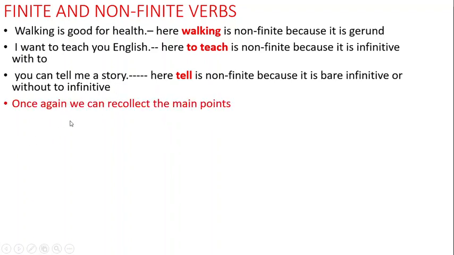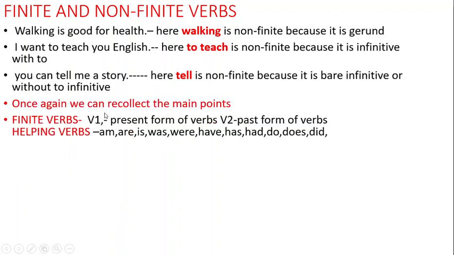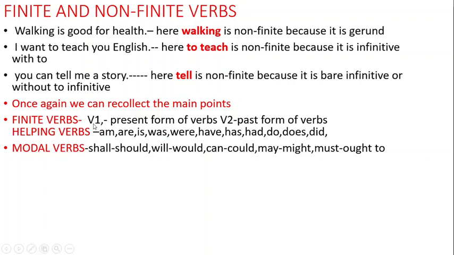Next, once again we can recollect the main points. What are the verbs that come under finite verbs? V1. As we know, all present forms of verbs are finite because they tell tense. V2. All V2 verbs are past forms of verbs.